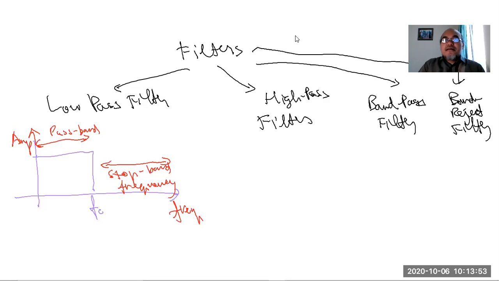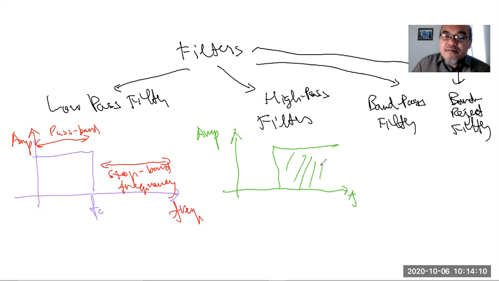When we have a high pass filter, it is the other way around. So in a high pass filter, this is F, and the y-axis is the amplification factor. The signal at high frequency will be passed, and the signal at lower frequency will be stopped.